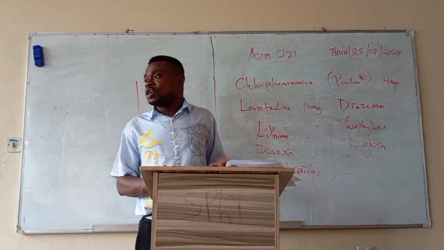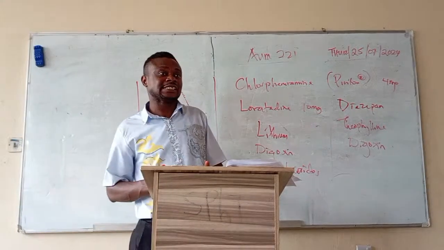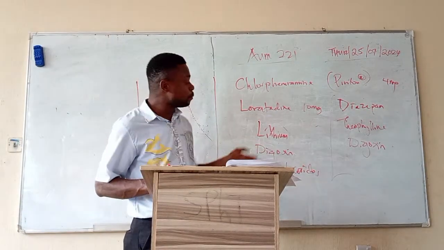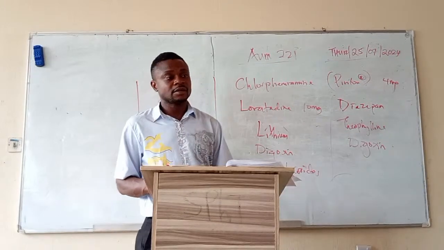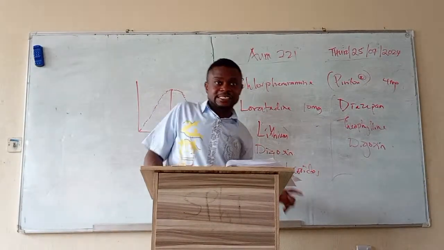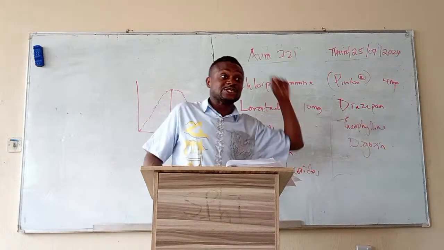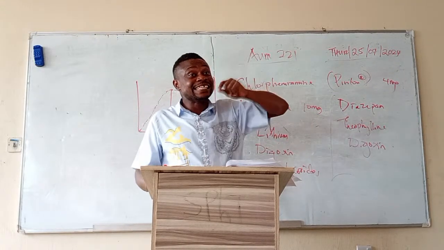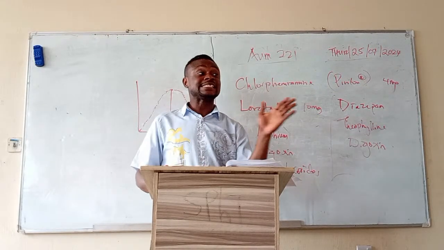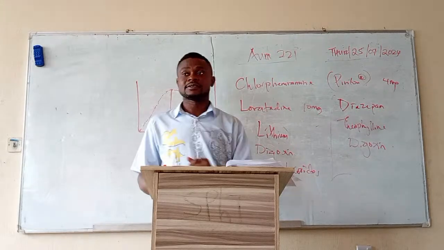Now, drugs that depress the CNS, the central nervous system, things like diazepam, morphine. In such patients, just the same thing that happens in children, there is increased sensitivity to these CNS depressants.